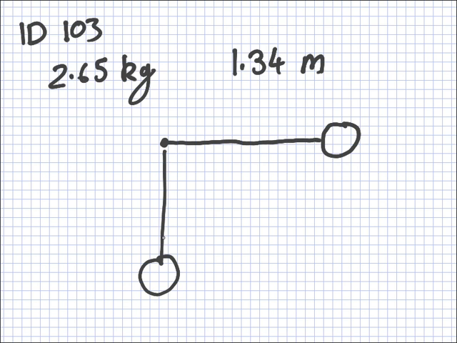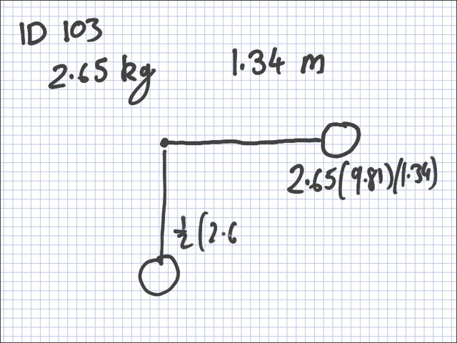So, that's interesting. I think what we'll need to do first is find the energy, the conservation of energy. This here will have potential energy of mgh, and this will have kinetic energy of a half mv squared, and they should be the same.